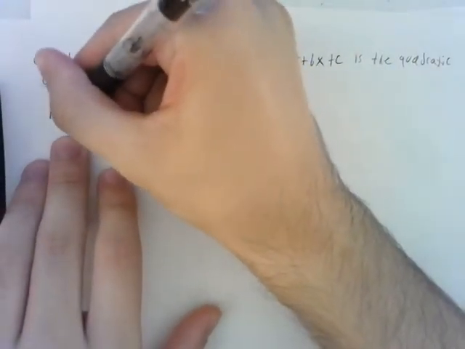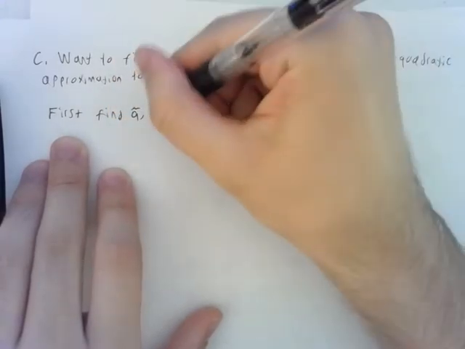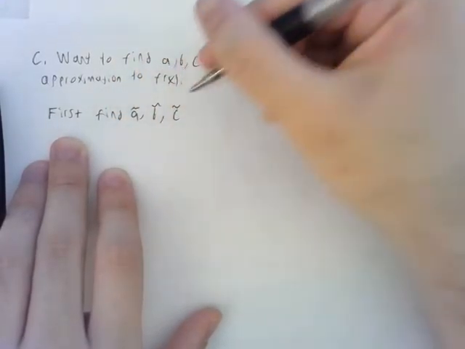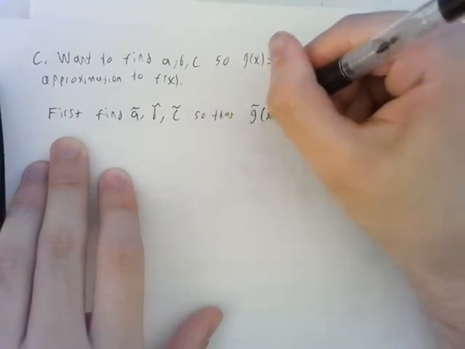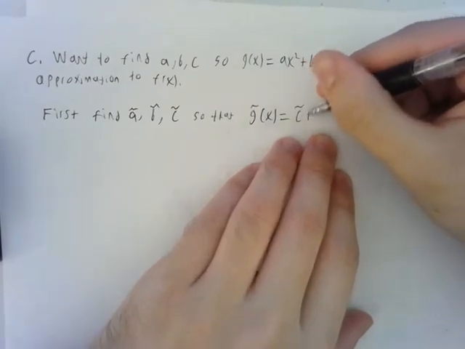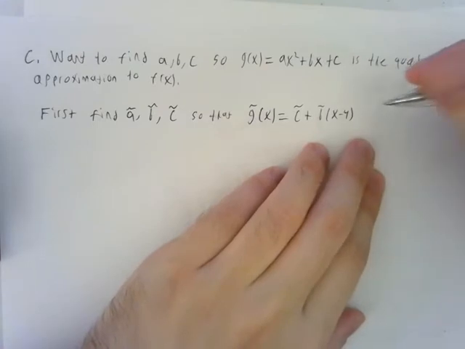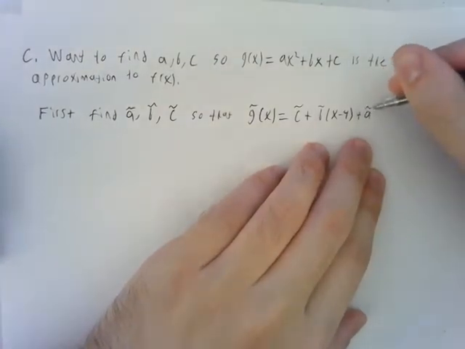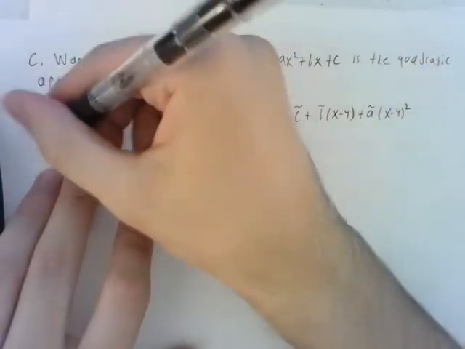First, we're going to find a tilde, b tilde, and c tilde, so that g tilde of x, which equals c tilde plus b tilde times (x minus 4) plus a tilde times (x minus 4) squared, is a quadratic approximation.